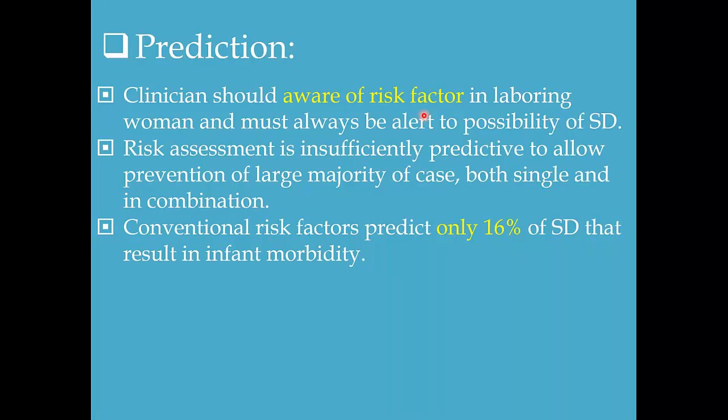Prediction of shoulder dystocia is very difficult and inaccurate because only 25% of deliveries complicated by shoulder dystocia have a significant risk factor. That means the majority of cases of shoulder dystocia can occur in women without risk factors. So it is difficult to predict or prevent shoulder dystocia.